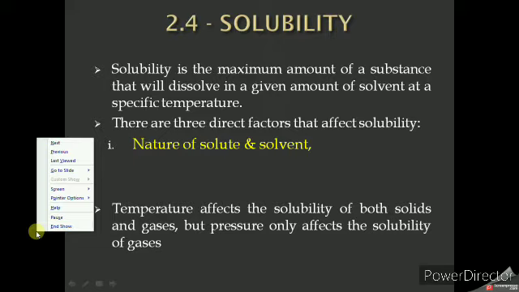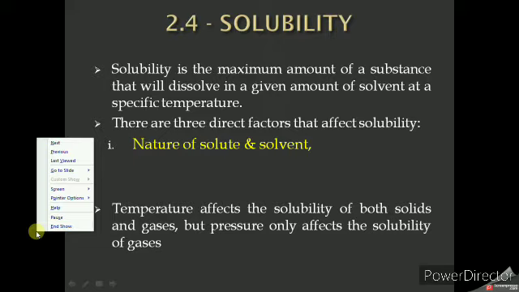But if we consider non-polar organic solvent, like cholesterol dissolves in non-polar solvent such as benzene. So you have to remember one key hint: like dissolves like.